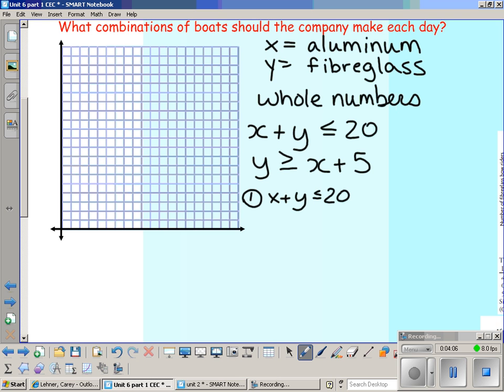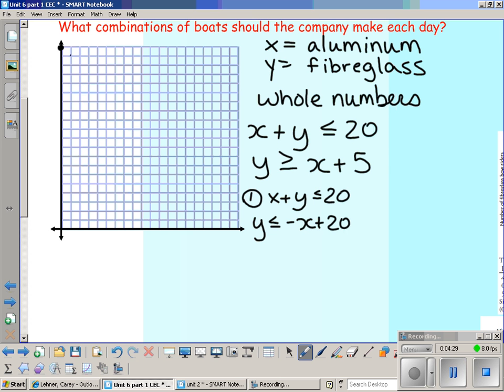But when you start to get higher than that, you may want to use the intercept method. For now, what we could do is we've got Y less than or equal to -X plus 20. So what we are saying is that our Y-intercept is positive 20, and then we are going down 1 and over 1. Our slope is -1.